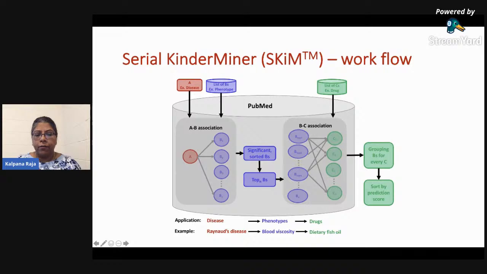Dietary fish oil reduces the blood viscosity. Thus, dietary fish oil is a remedy for Raynaud's disease. When Swanson identified this, he found the information from two different PubMed articles that were unrelated. So that time it was a new discovery.